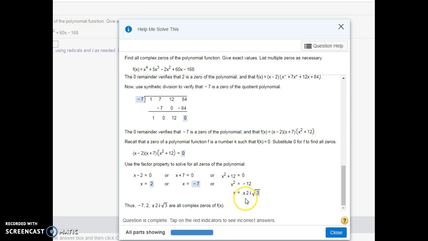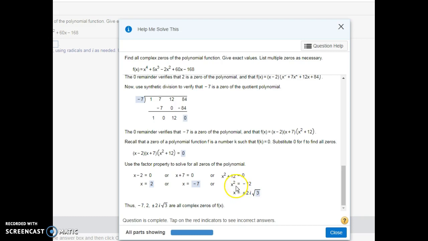We get rid of the negative part by moving the i out front, because i squared is negative 1. And then 12 is 4 times 3. The square root of 4 is 2, so we can bring the 2 out. And then that leaves the 3 inside the square root.